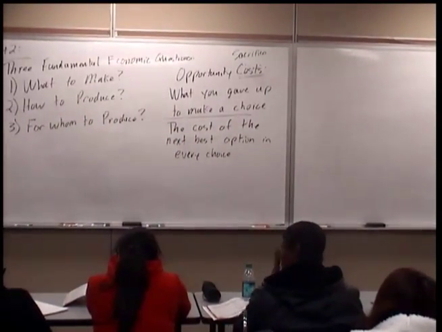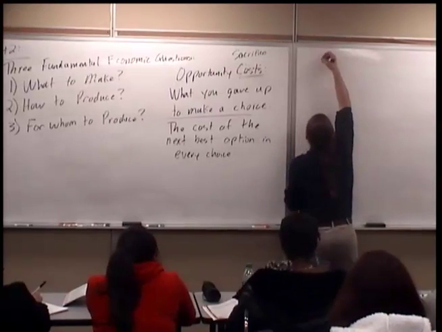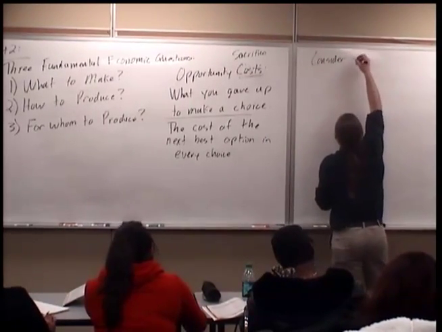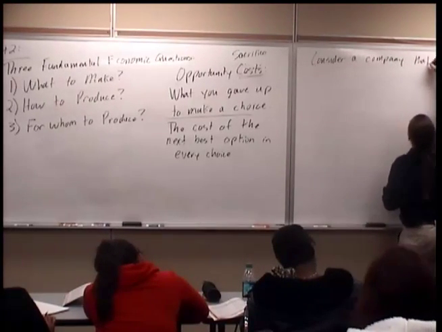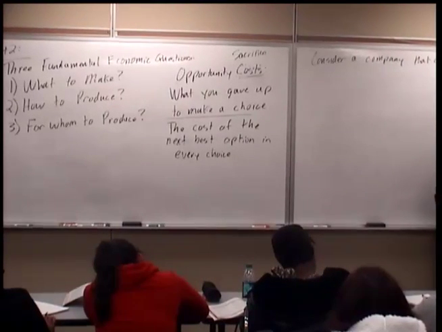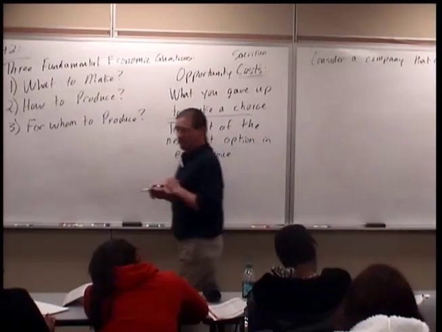Now, what I want to do is go into some more classic economic theory. Consider a company that can make two goods. Let's suppose that the two goods they can make are guns and butter.